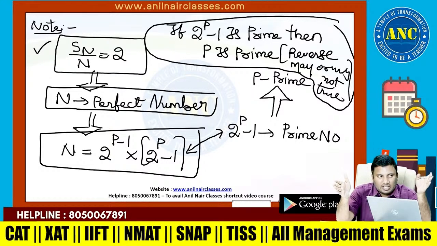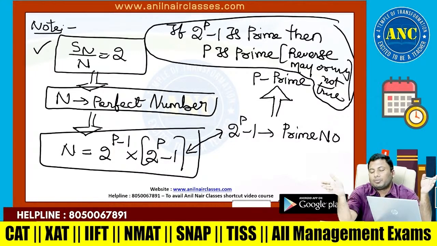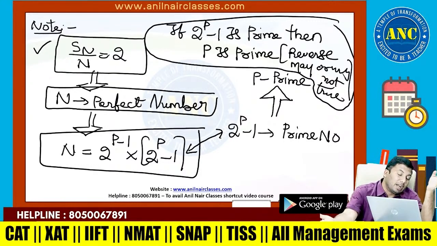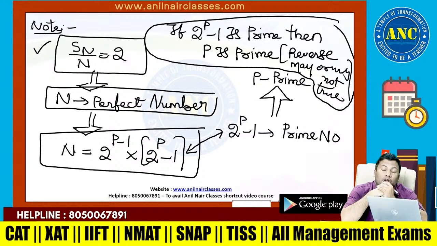Yesterday we discussed, if this is a prime number, it should be of the form 6k plus or minus 1. But if a number is of the form 6k plus or minus 1, the number may or may not be prime. If then condition, reverse may or may not be true. What is reverse? If p is prime, 2 power p minus 1 may or may not be prime.